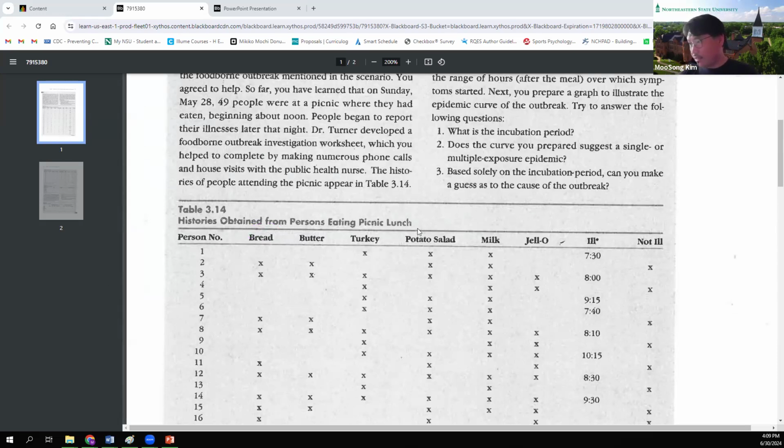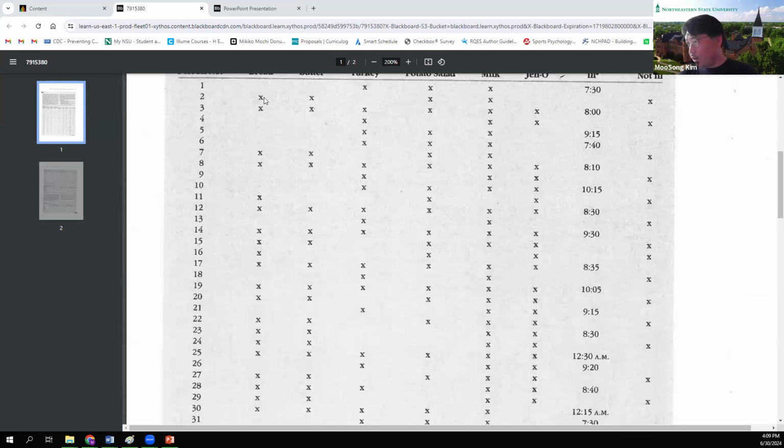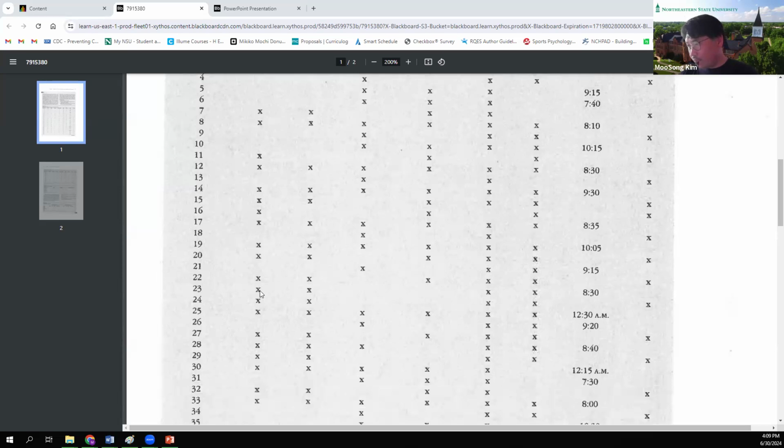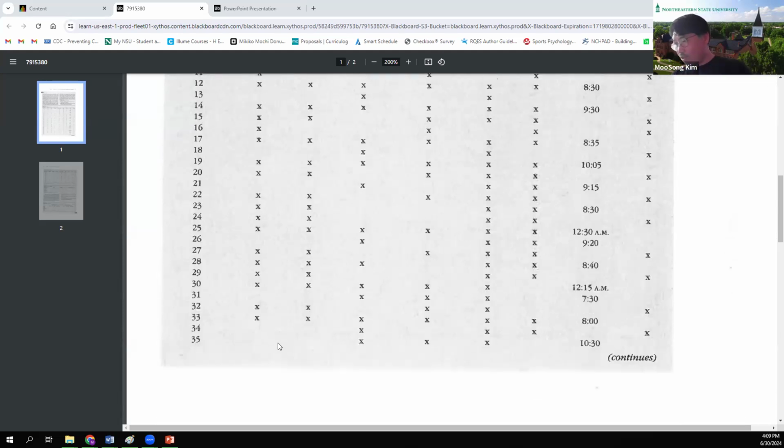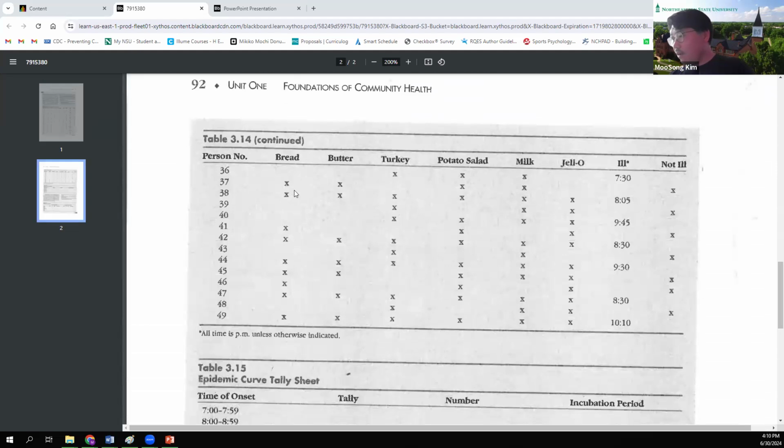Bread here: 1, 2, 3, 4, 5, 6, 7, 8, 9, 10, 11, 12, 13, 14, 15, 16, 17, 18, 19, 20, 21, 22, 23, 24, 25, 26, 27, 28, 29, 30, 31.